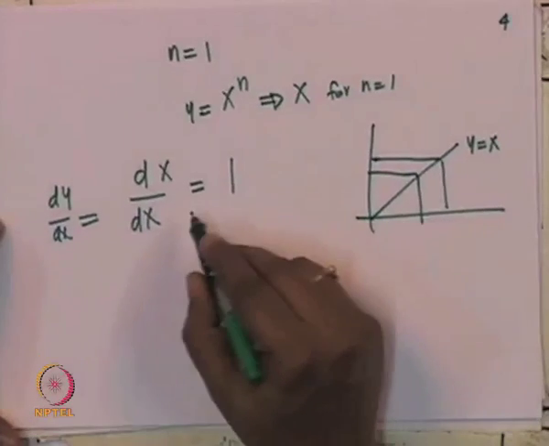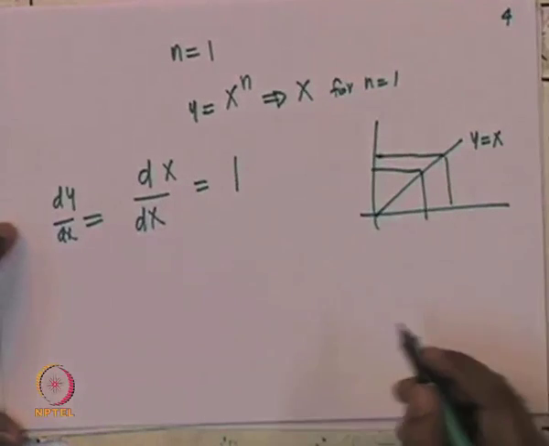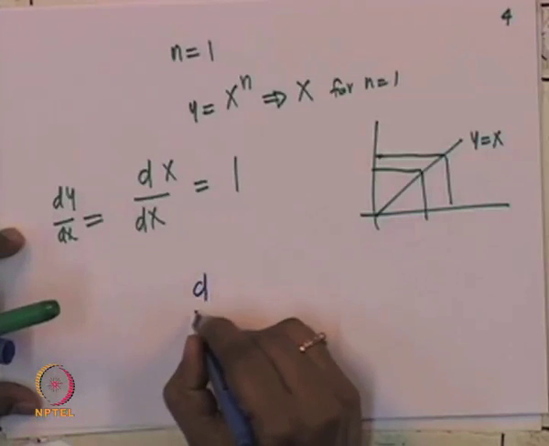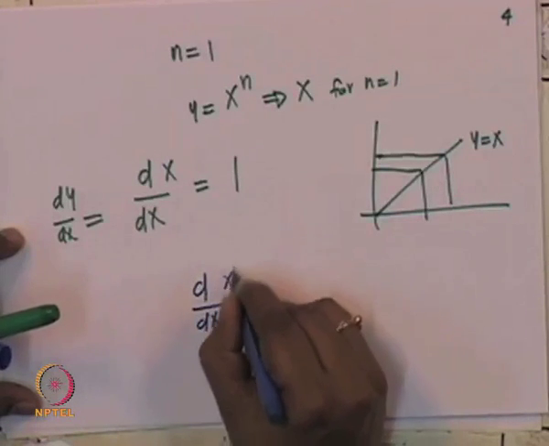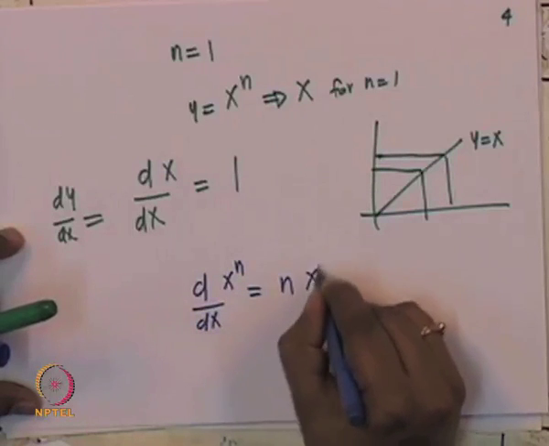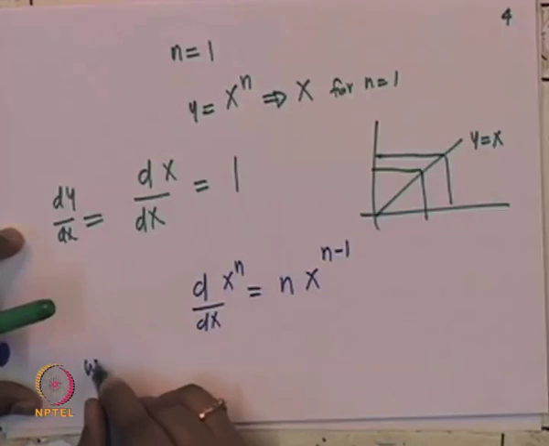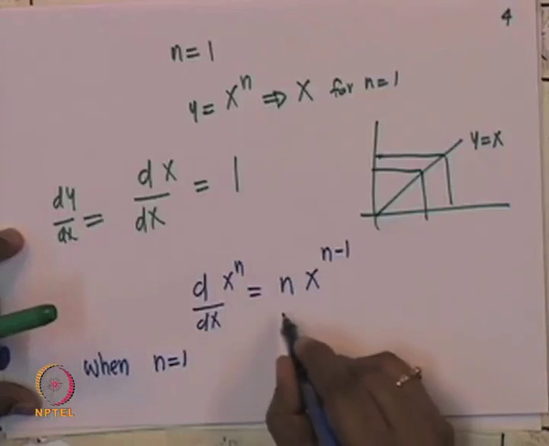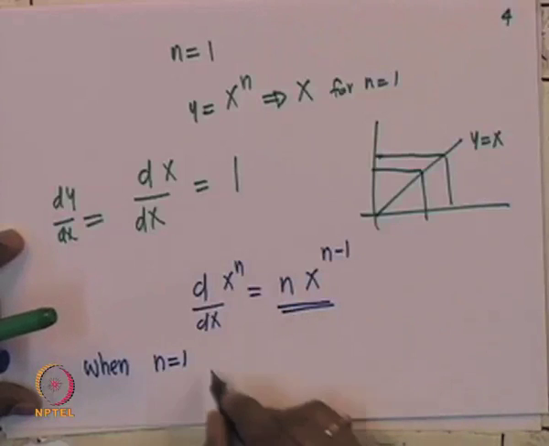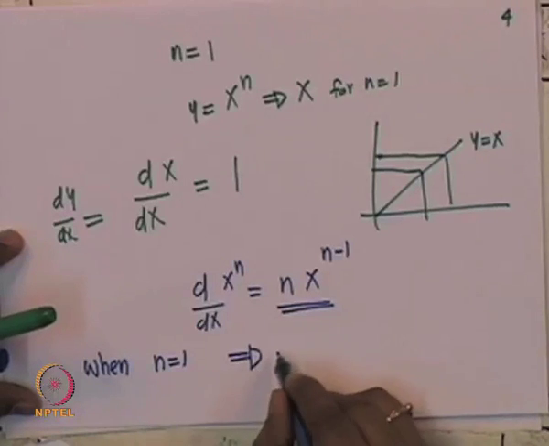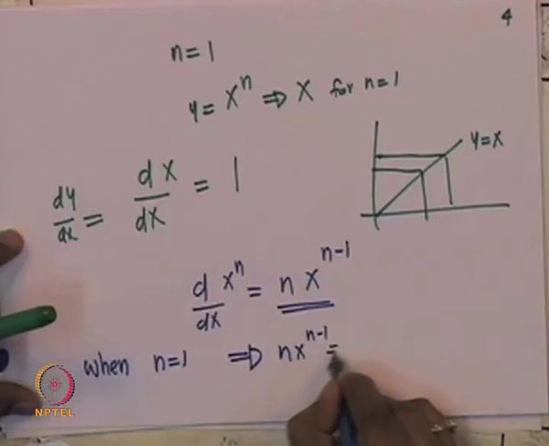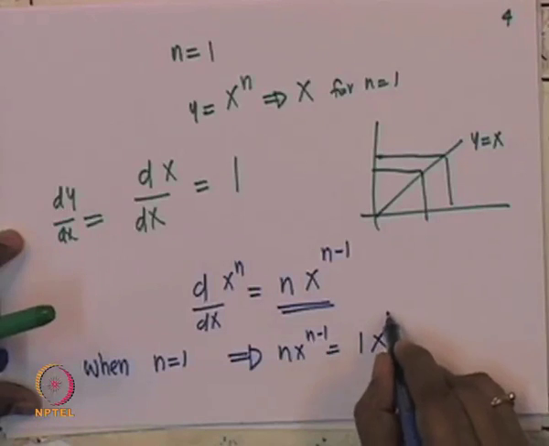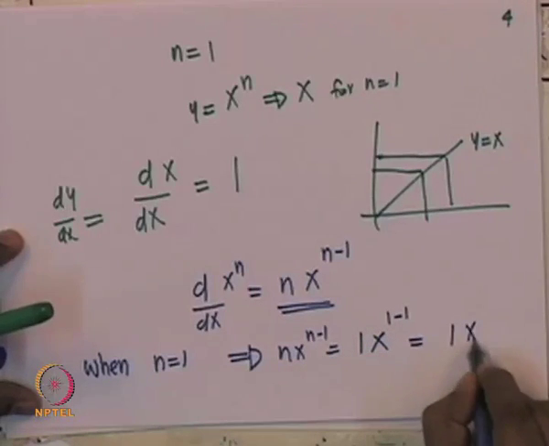Now let us see if this applies to our rule. The rule we learned today is that d by dx of x power n is n x power n minus 1. So when n equal to 1, what is n x power n minus 1? n is 1, and x power n minus 1 is x power 1 minus 1, which is x power 0.